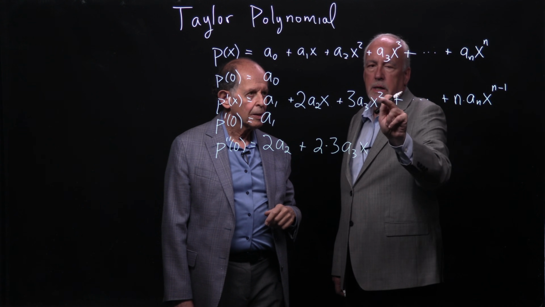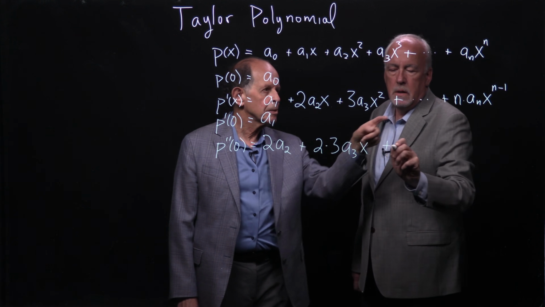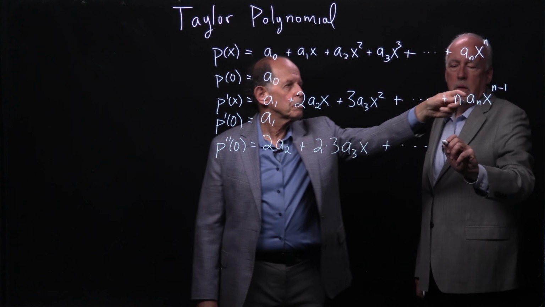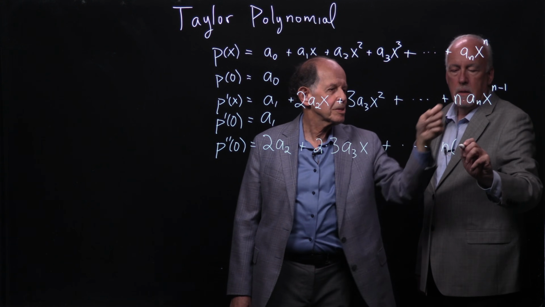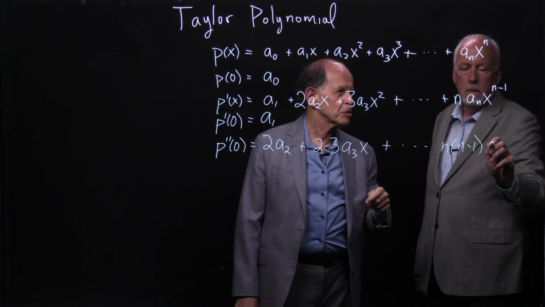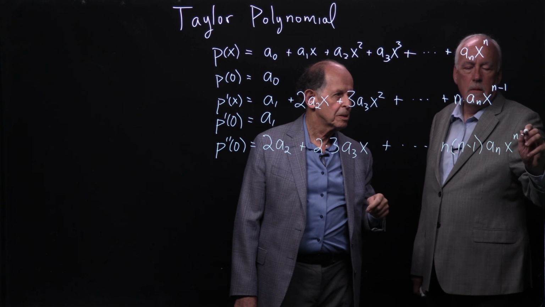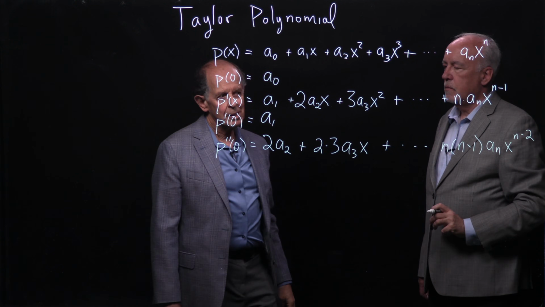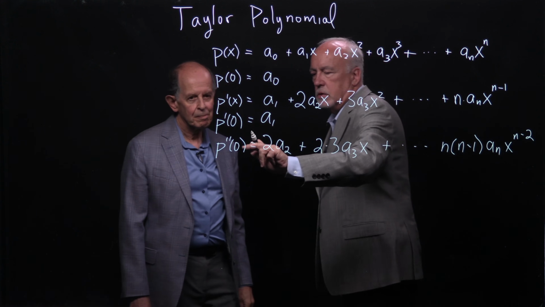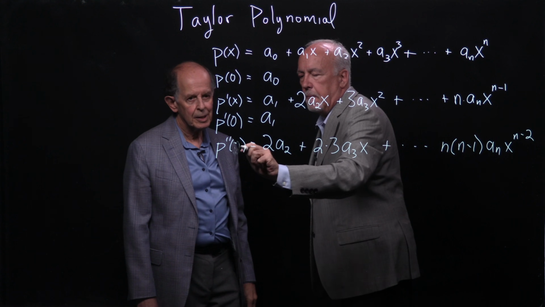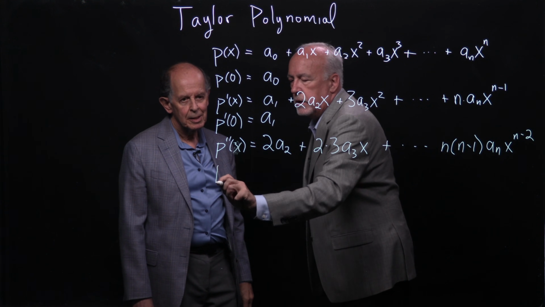Yep. So this x squared becomes x. And now differentiate x to the n: bring down n times n minus 1, and x to the n minus 2. Do we have to do another one? Well, this was supposed to be at x. Oh, we have to evaluate it. Now let's evaluate it at 0.